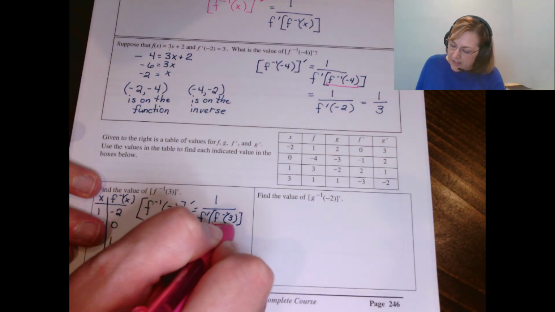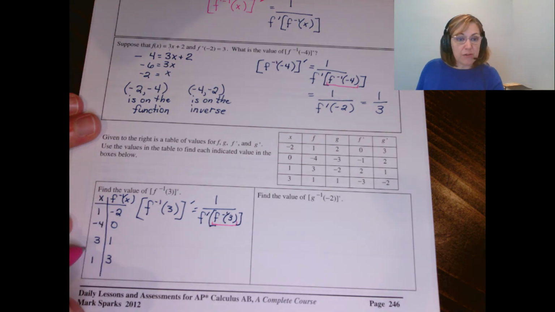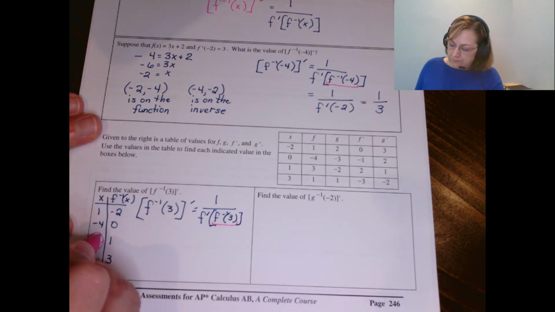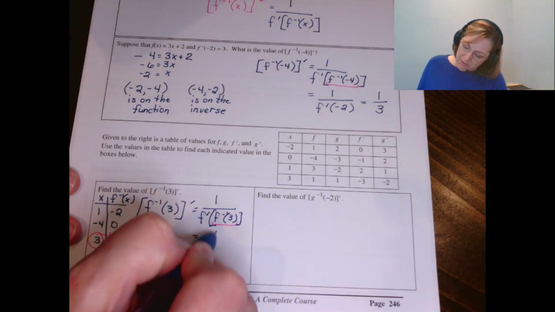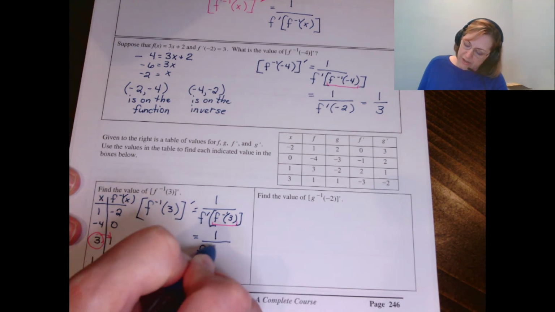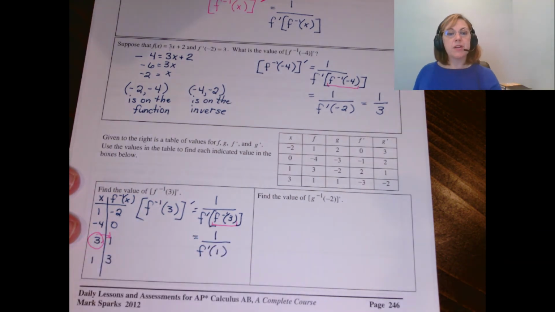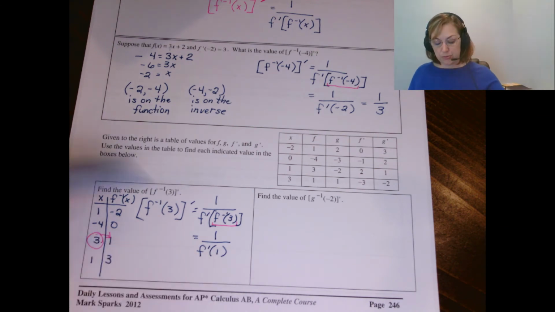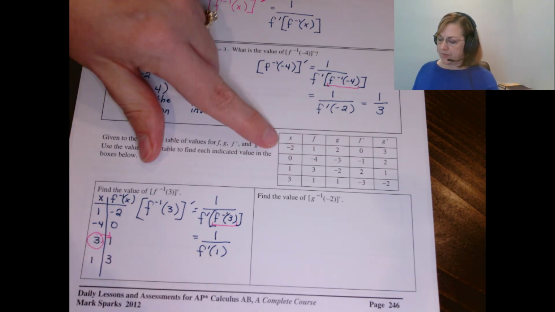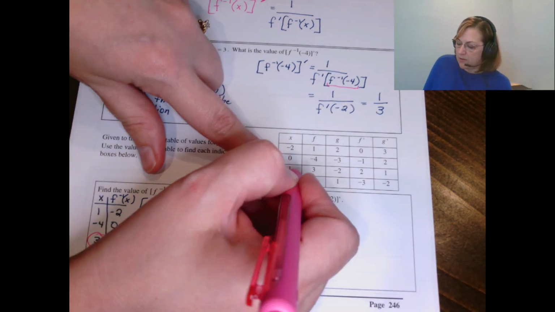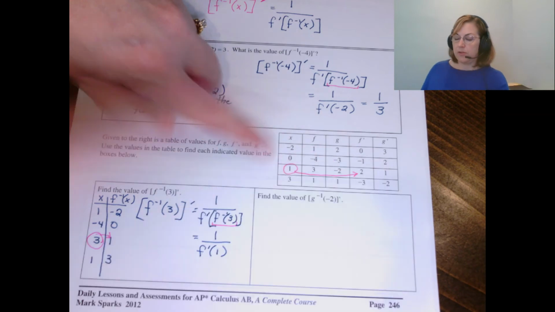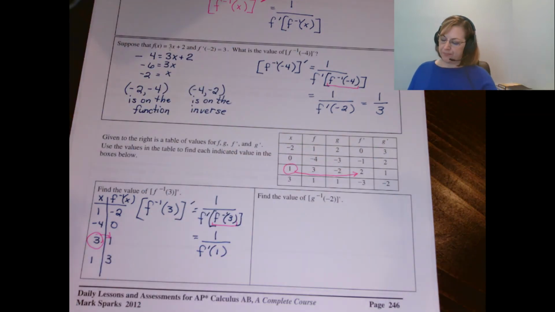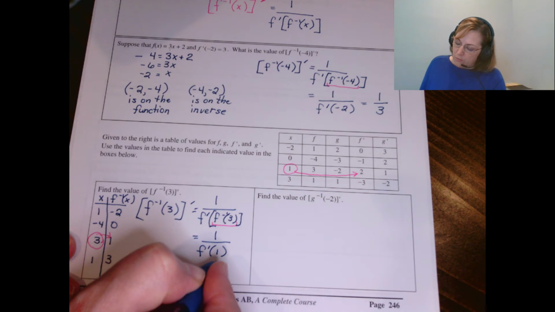The inverse of f at 3 comes from your inverse chart. And the inverse of 3 is 1. So I know now I'm doing 1 over the function at 1. Now this value, you'll have to go to the original chart when x is 1, and we're going to the derivative, which is 2. So I end up with 1/2 here.